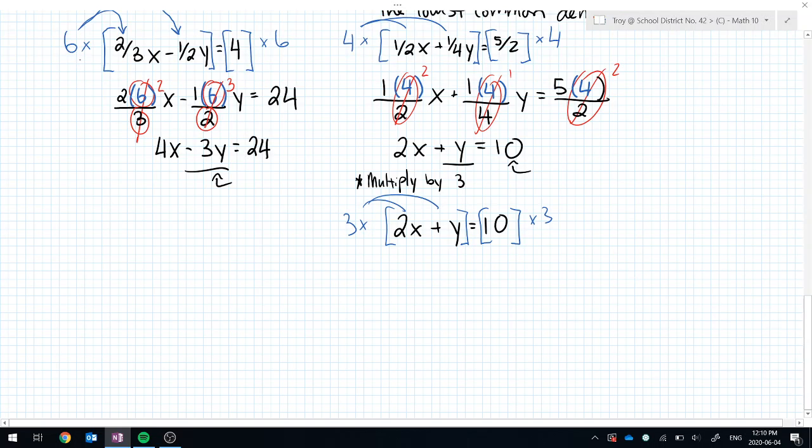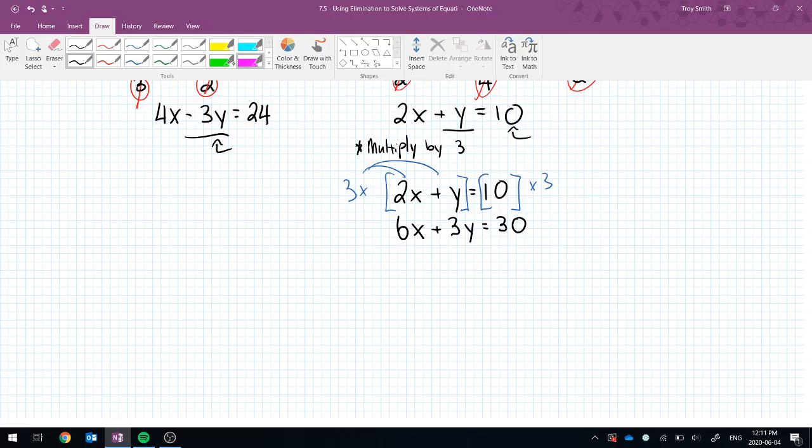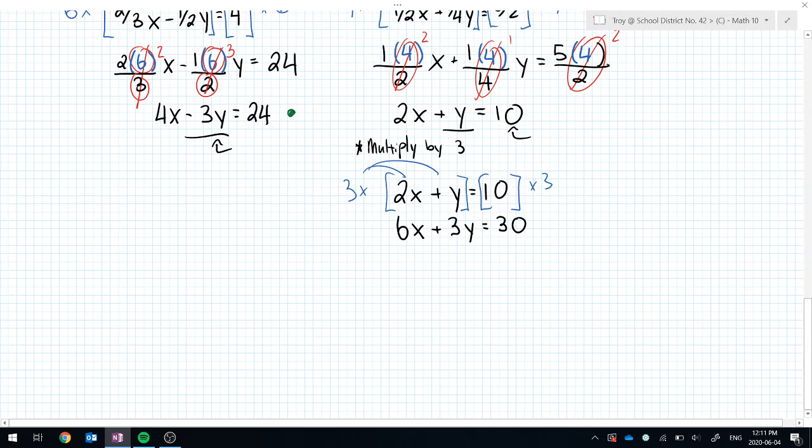Okay, so I get 3 times 2x, of course that gives me 6x. 3 times y is 3y, and of course 3 times 10 is 30. Okay, so I have my final 2 equations here and here.